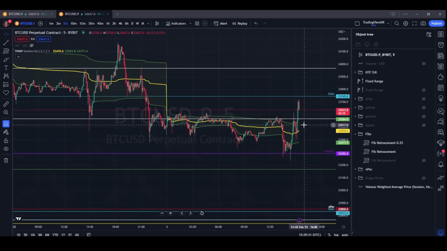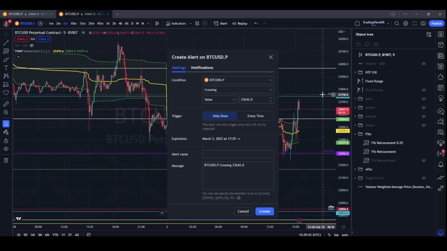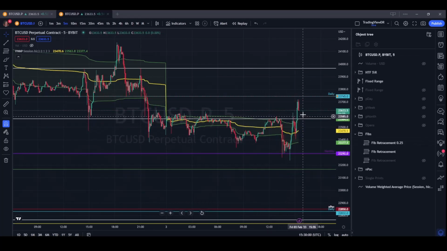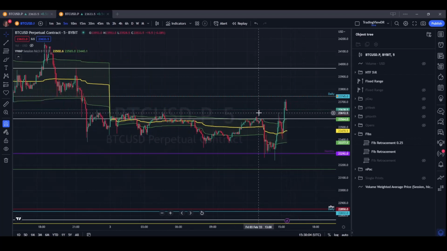Perhaps what I would do is set an alert for this 23,745. Okay, I've now got an alert set on that daily. And if it goes through the daily, then I'll come back to my computer and have a look and see what's going on.